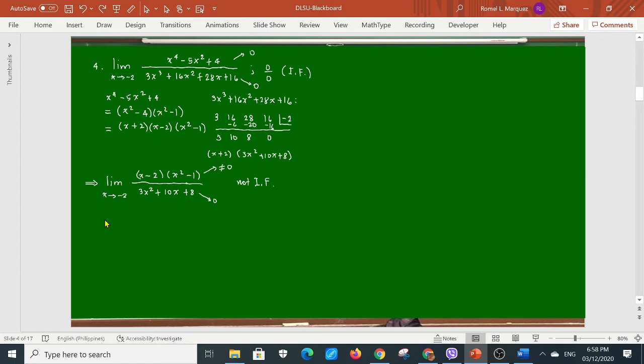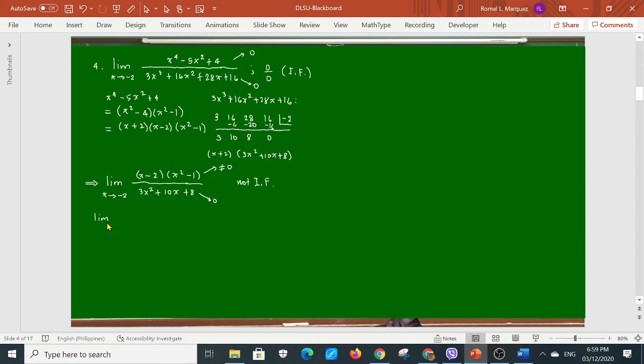Although we know that the limit does not exist, to be specific, is it negative infinity or positive infinity? How will we know? You check the sign of the numerator, and also, of course, of the denominator.